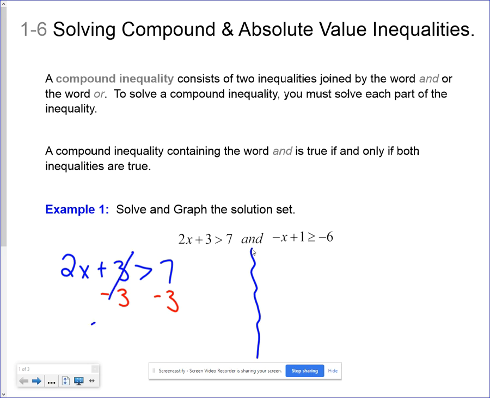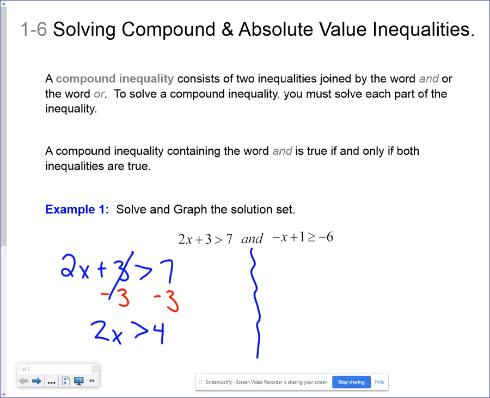Then we get 2x is greater than 4. Then we would divide by 2.